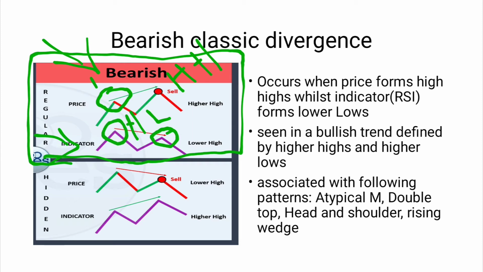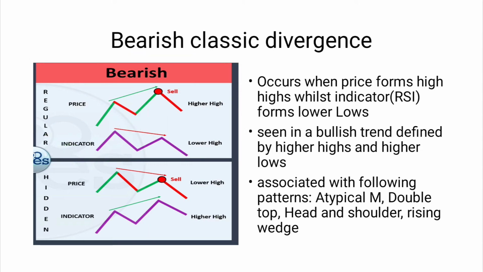The price appears to be moving like this, while this side is drawing like this. This can actually help in identifying change of direction of a trend. It occurs when price forms higher highs while the indicator forms lower highs, not lower lows, lower highs. And so it is seen in a bullish trend.